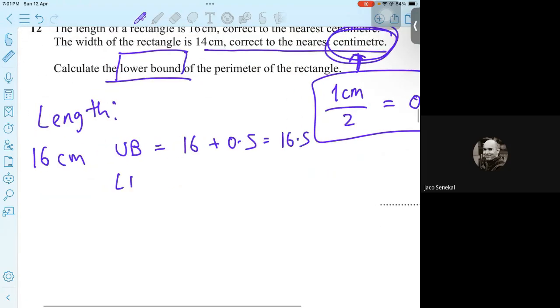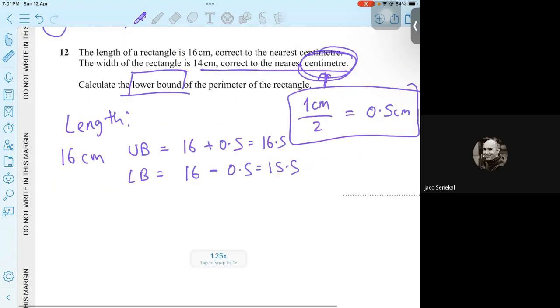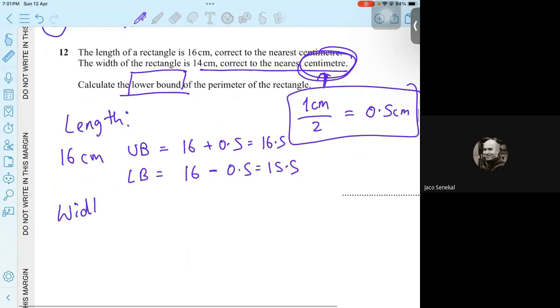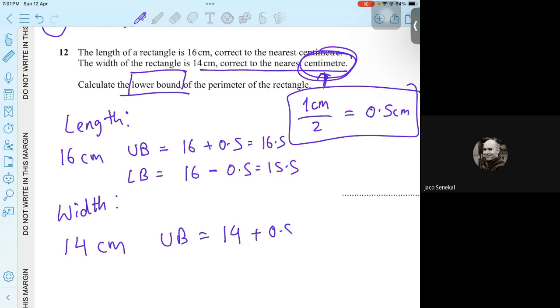For the lower bound, I get 16 minus 0.5, which is 15.5. For the width, I have 14 centimeters from the question. For the upper bound, it's basically 14 plus 0.5, which is 14.5. For the lower bound, I have 14 minus 0.5, which is 13.5. Are you all with me?